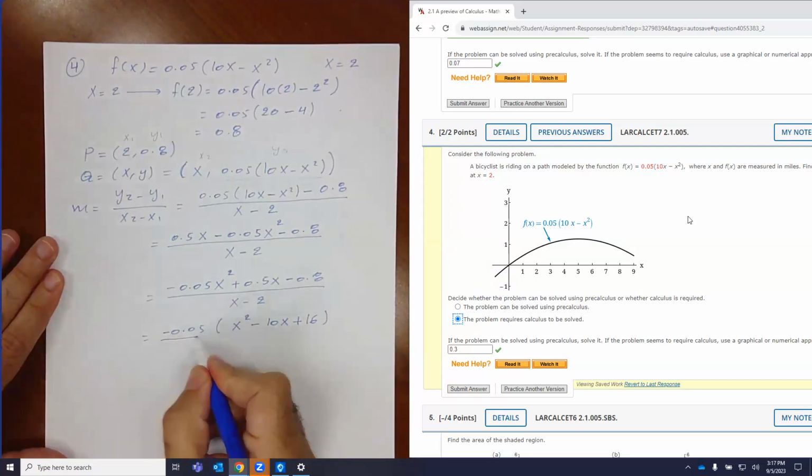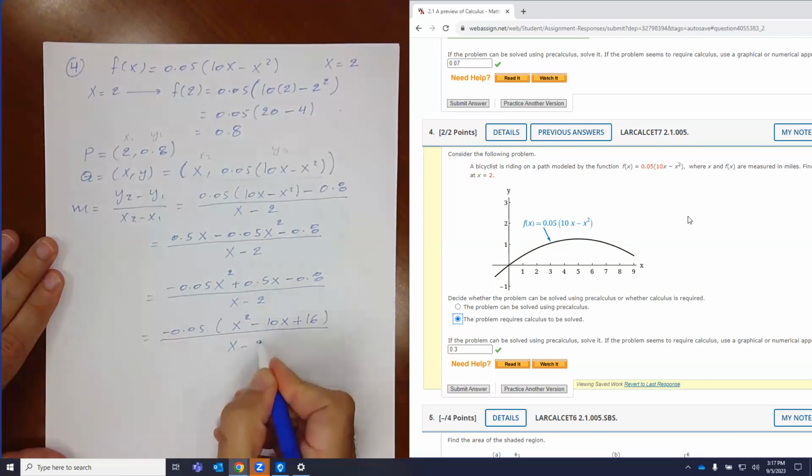So that's right. Everything divided by x minus 2.